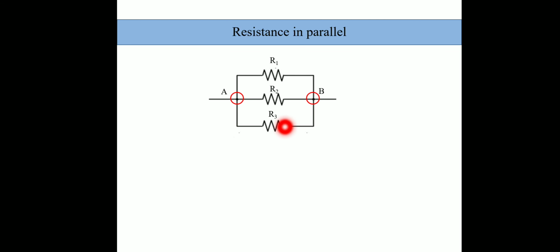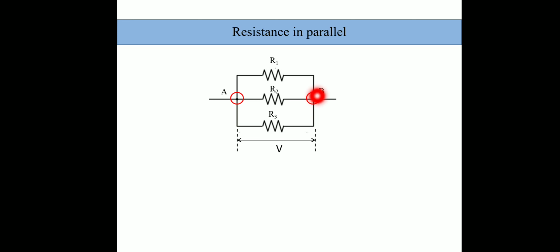Potential difference is nothing but the difference in concentration of electrical charges between the 2 points. So if V is the potential difference between points A and B, this V will be the potential difference for R1 also, R2 also, R3 also, because all three resistors are connected between the same points.